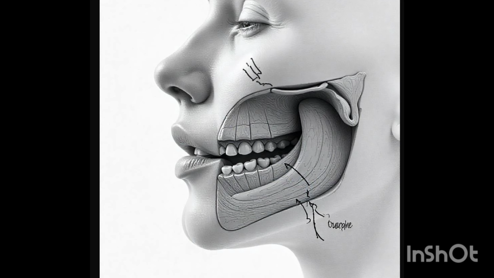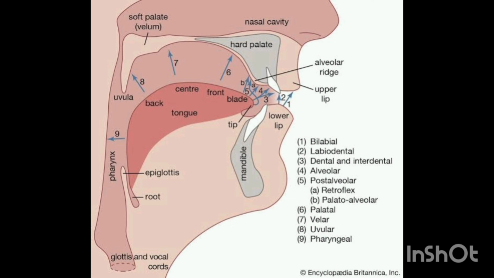I have explained it in very simple words because in the next series we are going to discuss the more complex sounds in a more complex way. But as this is an introductory video, I have tried my best to make it the simplest to help you understand the basics.